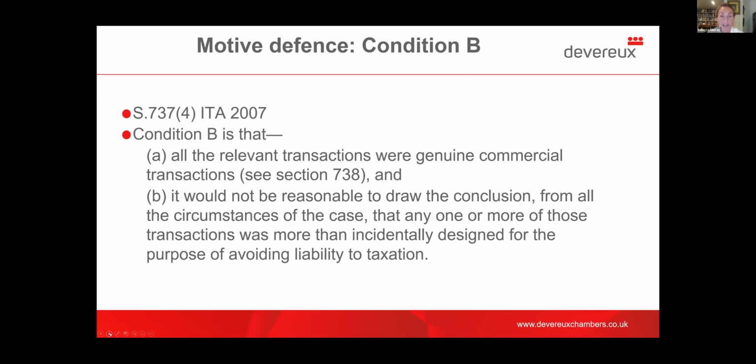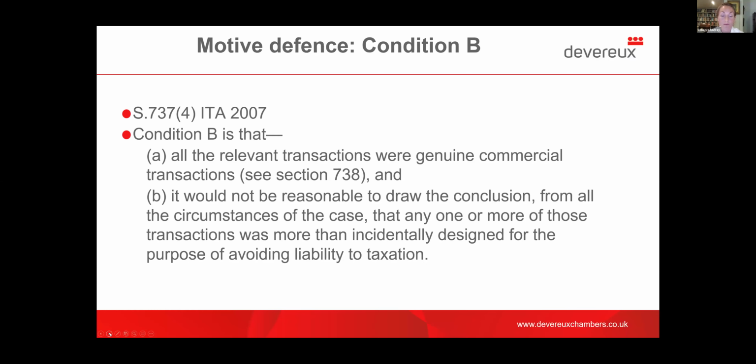And again, it's any tax, not just income tax. So this appears to me to be a more generous test than condition A, and that's the way that it was applied by the Upper Tribunal in Fisher. As Sam will explain, the similarities between the two conditions are that both conditions are now objective.